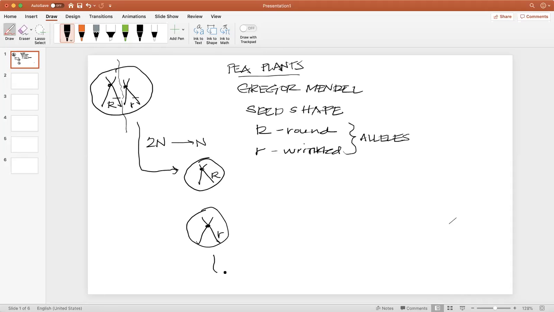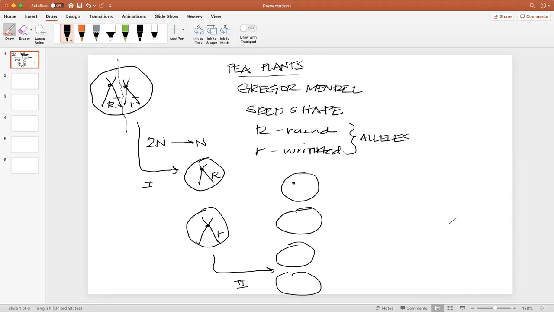And if we undergo meiosis 2, so this is going to be 1, this will be meiosis 2, you can see that we'll end up with 4 cells eventually. Each of them having a single chromosome. This one and this one are the result of this pulling apart, so they're each going to have the big R allele.